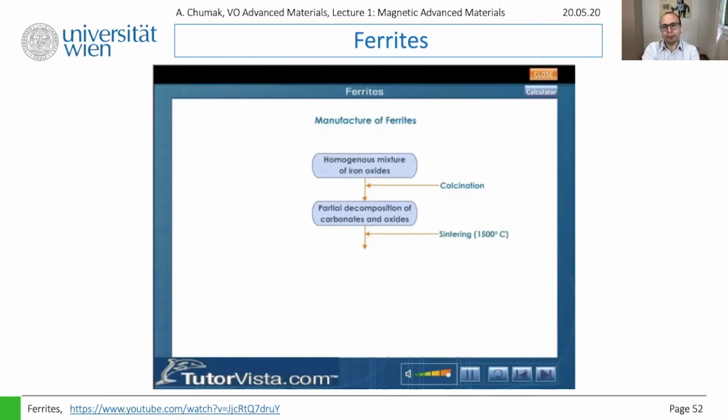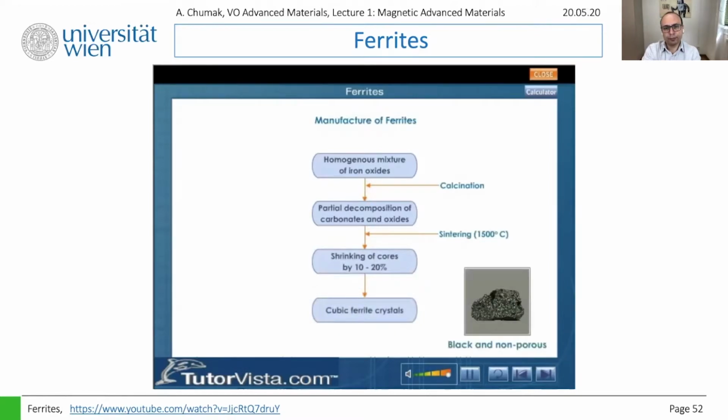Typically, the cores will shrink by 10 to 20% of their original size after sintering. The mixture crystallizes into a cubic structure. The resulting ferrite has a hard, black, non-porous ceramic appearance. Ferrites are used to reduce the losses due to eddy currents because of their high resistivity.